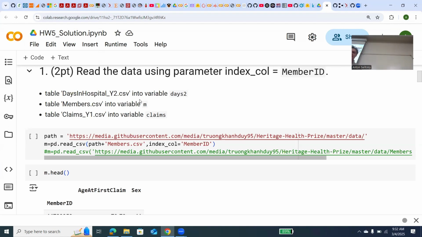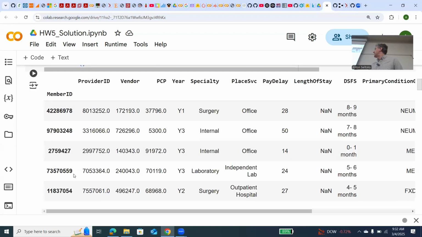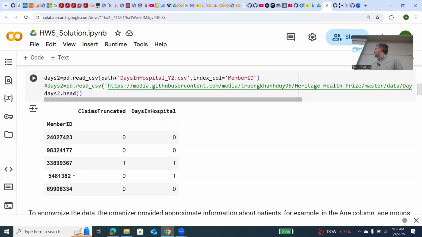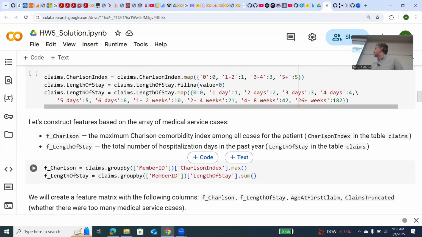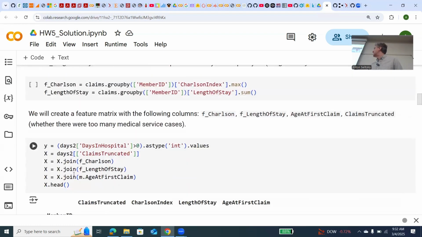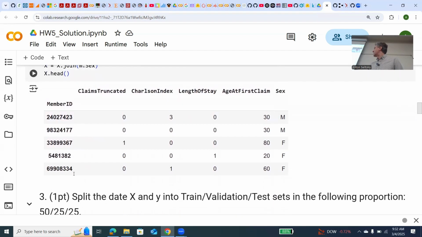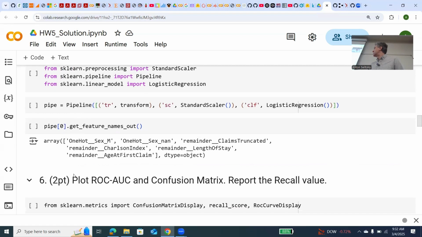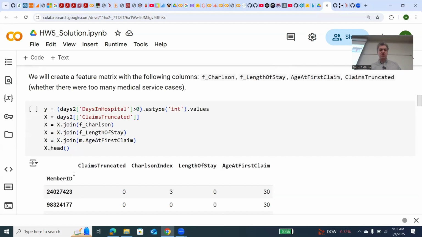Okay. So in this homework, you have a data set with some medical information, and the first task was to plot the distribution. Wait a second, where did I see the distribution?